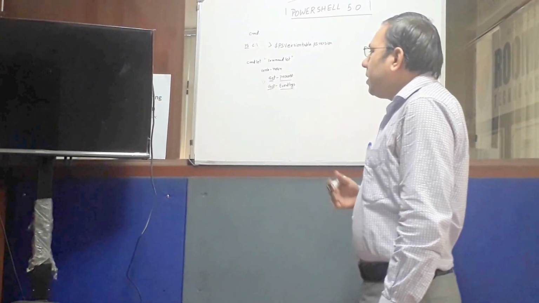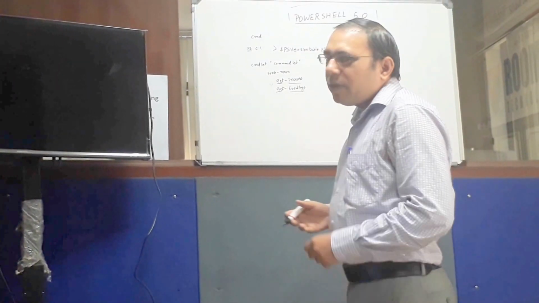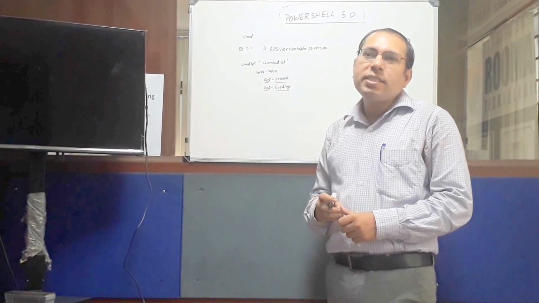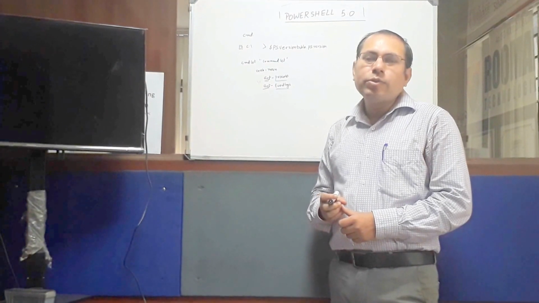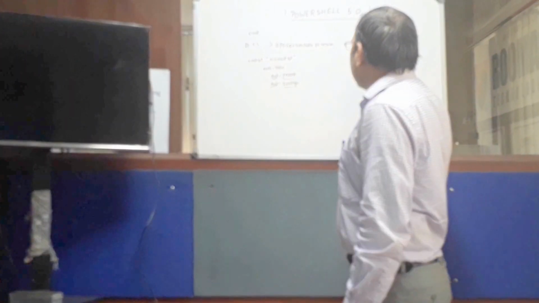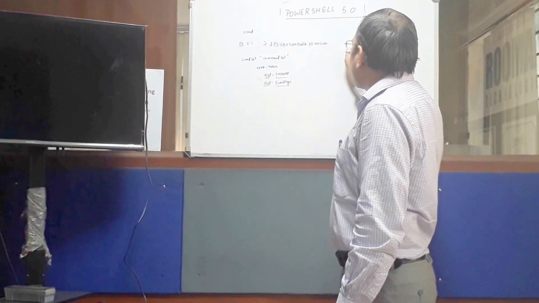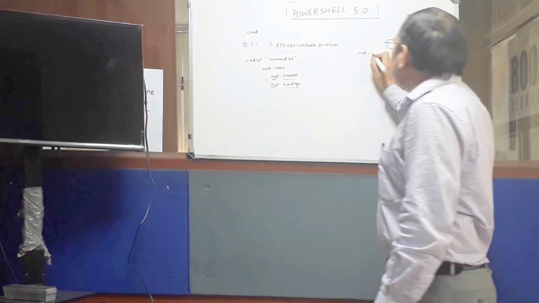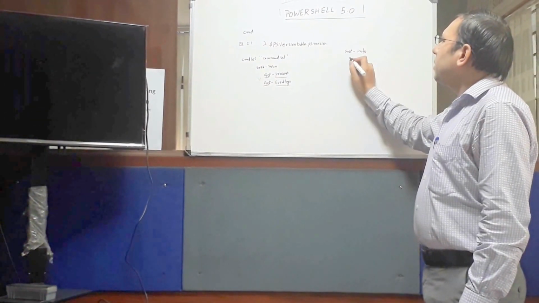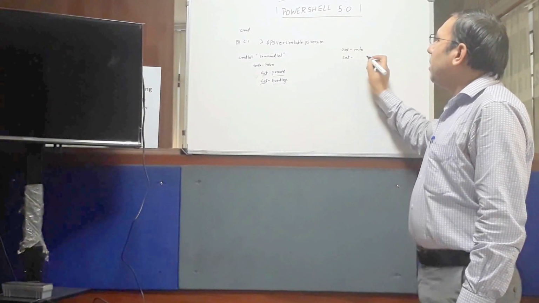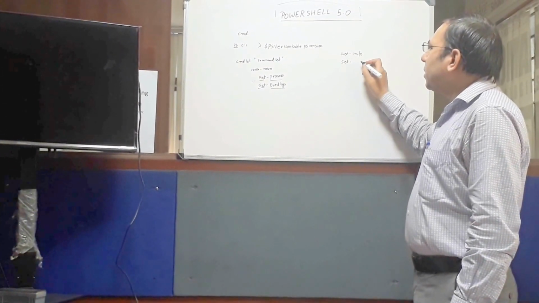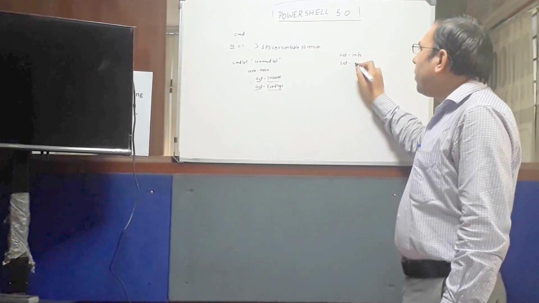There are multiple kinds of verbs, taken from the English dictionary and very frequently used. For getting information, Get will give you the info. Set is for when you want to modify something.